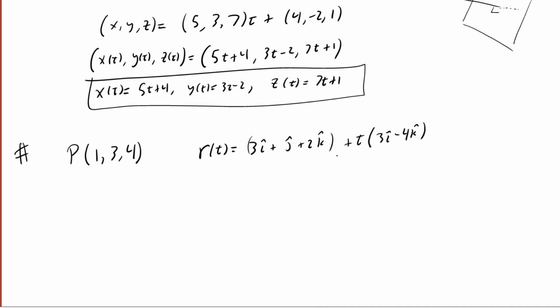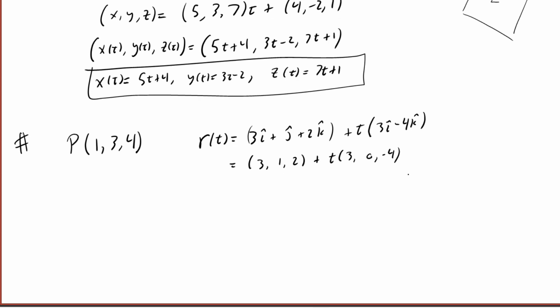Okay, so the first thing I'm going to do right away is write this in component form. So this is (3, 1, 2) plus t times (3, 0, -4). That just makes everything a lot easier to work with. Okay, so we have a point and we have a line.